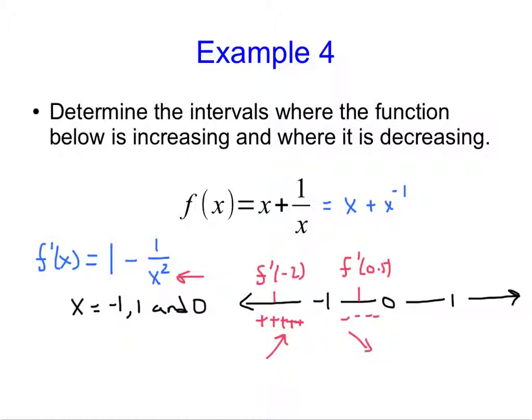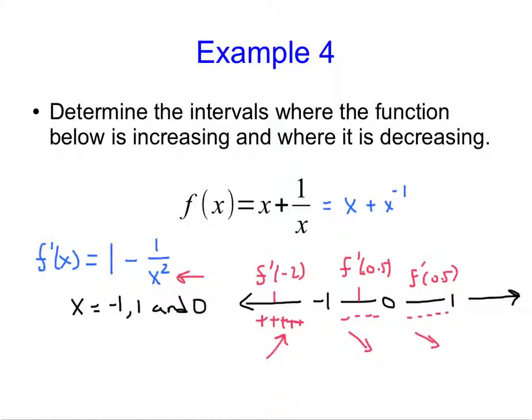On this side, I plug in, this is a negative 0.5 by the way. Over here I'm going to plug in positive 0.5. The same value happens because when you square it, it turned it positive anyway. So this is also decreasing. And then finally, I'm going to pick 2.